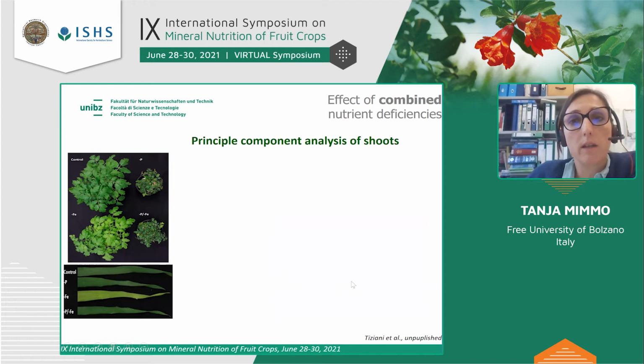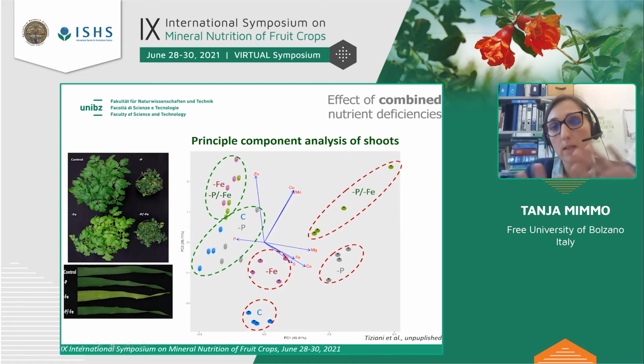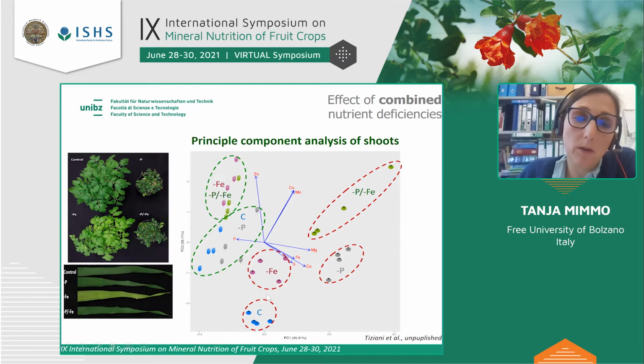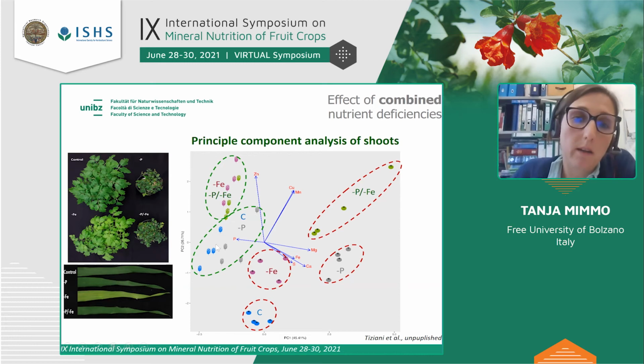So looking at the analysis of the elemental composition of the shoots, we did this principal component analysis, and we expected this: the 2 plant species were separated. But interestingly, the tomato clustered in 4 different clusters, so every single nutrient status has its own behavior. On the other hand, barley showed only 2 clusters, and they kind of overlapped.